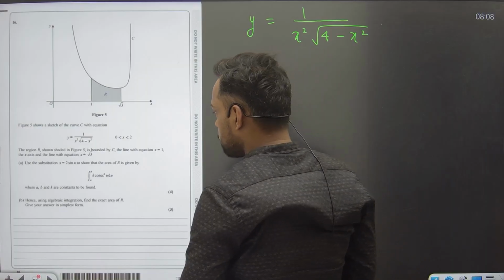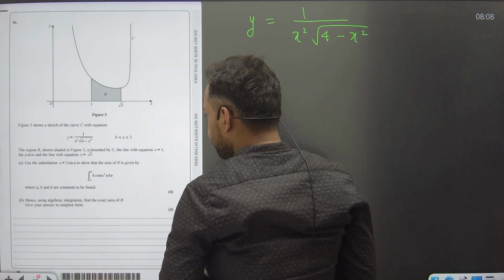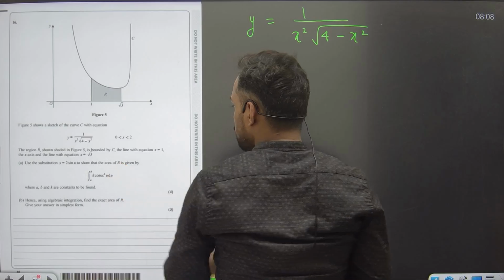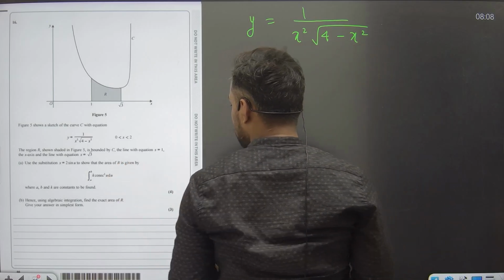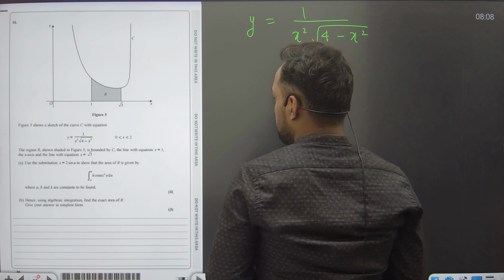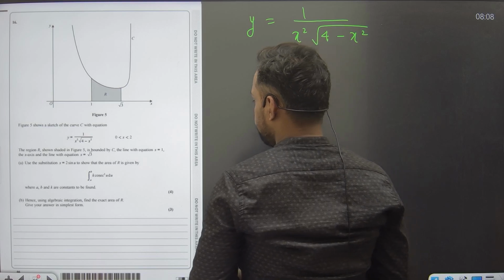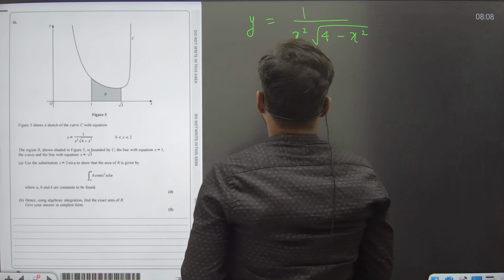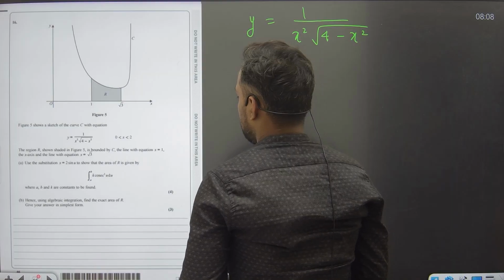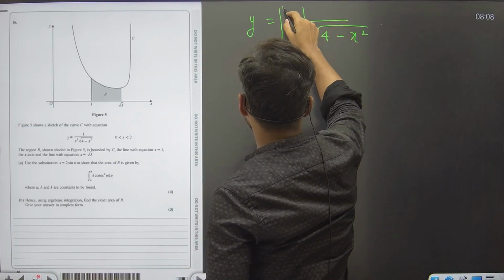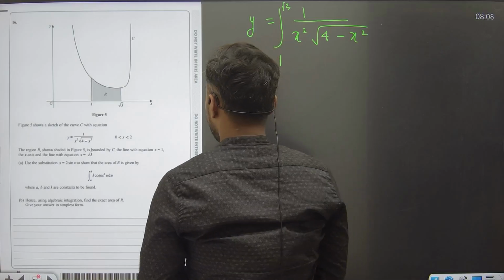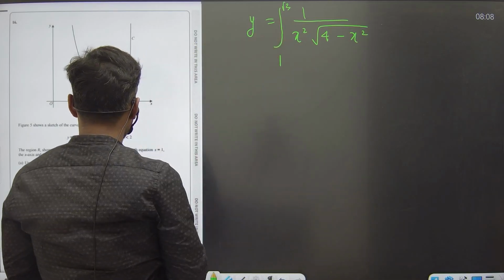The range of x is also given. Now use the substitution x equals to 2 sin u to show that the area of R is given by this part, from a to b. They have given us 1 to root 3. The lower limit is 1 and the upper limit is root 3.